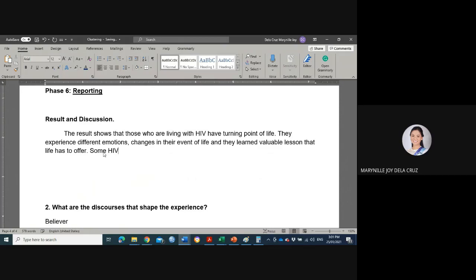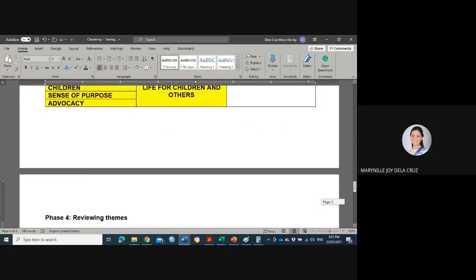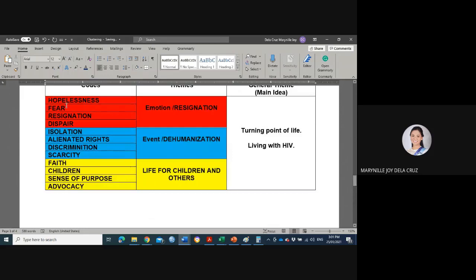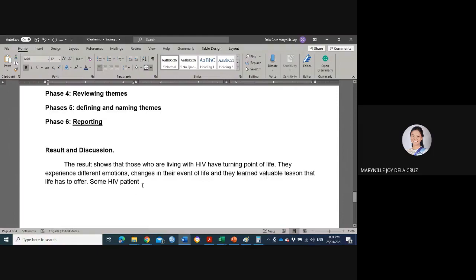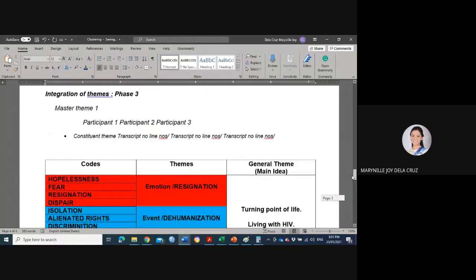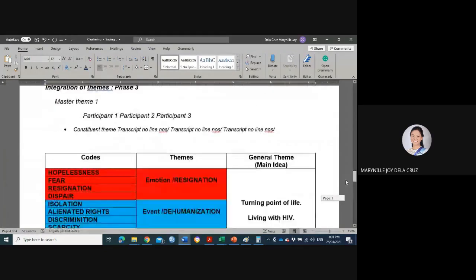Some HIV patient codes, focus on codes. They feel hopeless, elaborate, despair, resignation and fear.